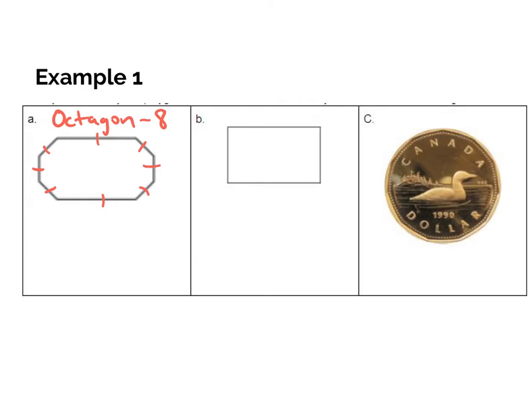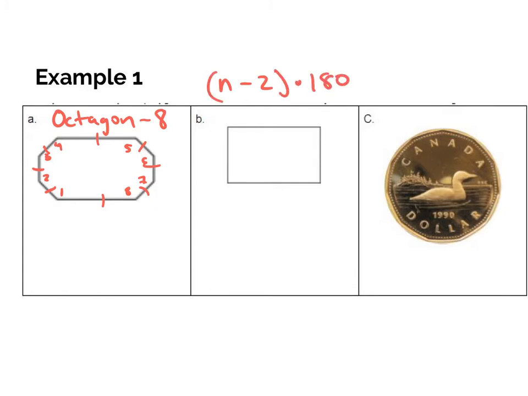If I want to find the sum of all the interior angles, knowing that if it has 8 sides, it's going to have 8 angles, I could label those 1, 2, 3, 4, 5, 6, 7, and 8. So it's got 8 total angles. If I want to know what all those 8 angles add up to, I can use the formula n minus 2 times 180.